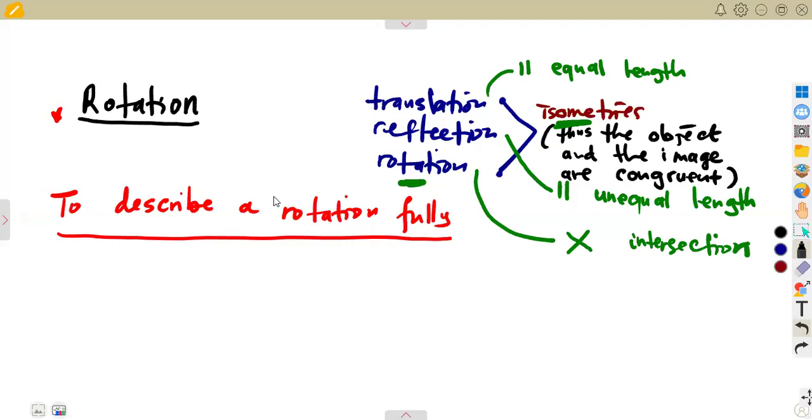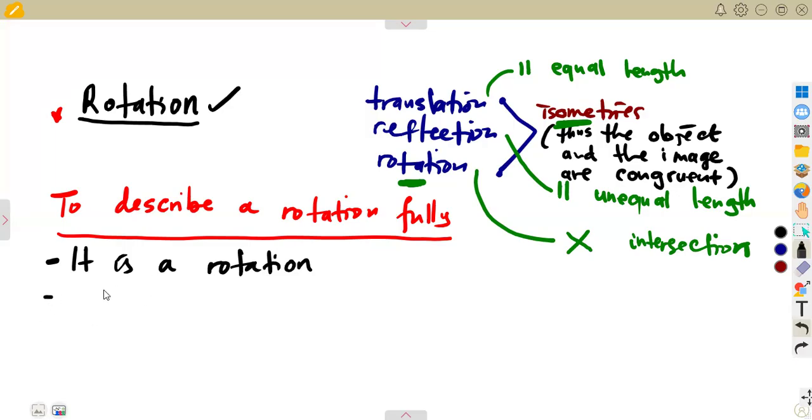A shape has been transformed from where it was to another point. Now you have to describe. So you have to state the type of transformation first. That's the first thing. You state the type of transformation. So you're going to state it is a rotation.